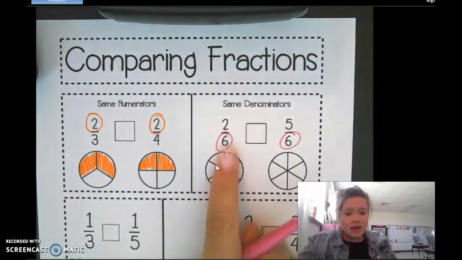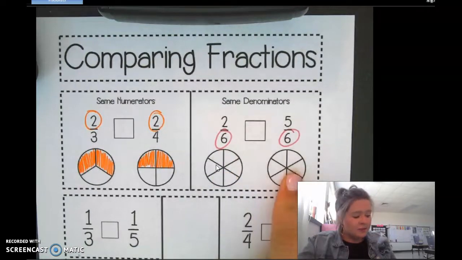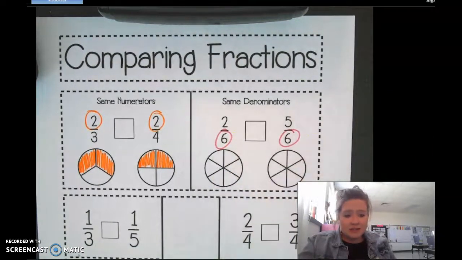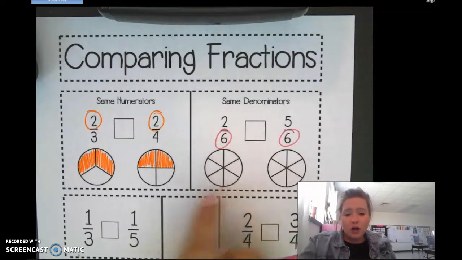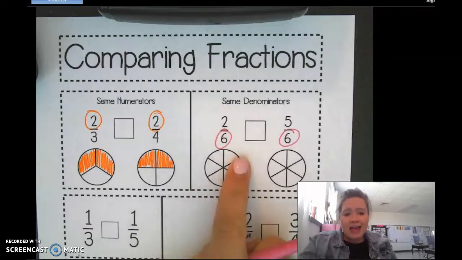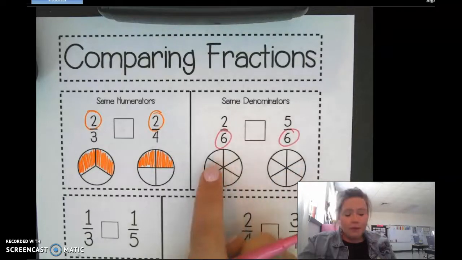So this one has a denominator of 6, so it's going to have 6 total parts. This has a denominator of 6, and it's going to have 6 total parts. And it's really, really important that we always remember that our parts have to be equal and our wholes have to be equal. So both of these circles need to be the same size, and then the parts inside each circle need to be the same size.